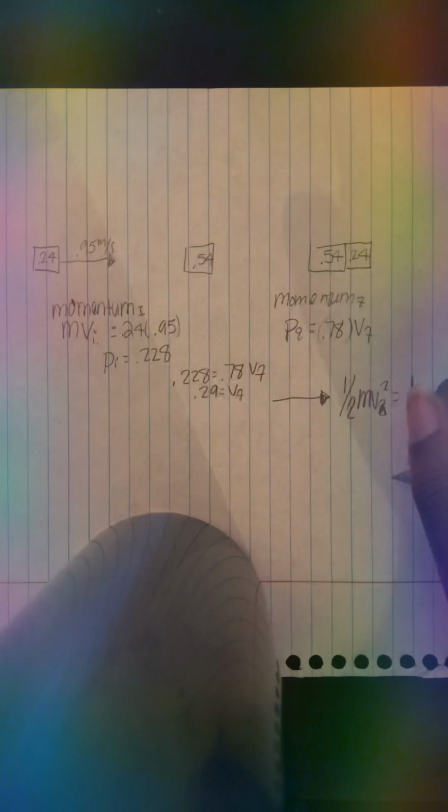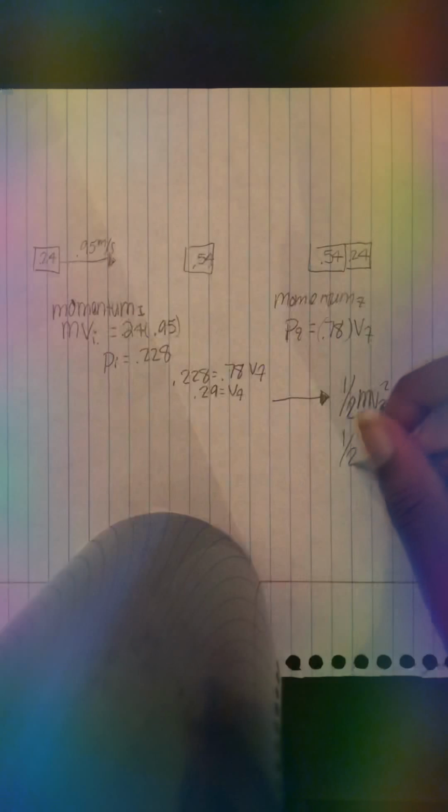The initial kinetic energy is 1/2 times 0.24 times 0.95 squared. Set that equal to 1/2 times 0.78 times 0.29 squared.